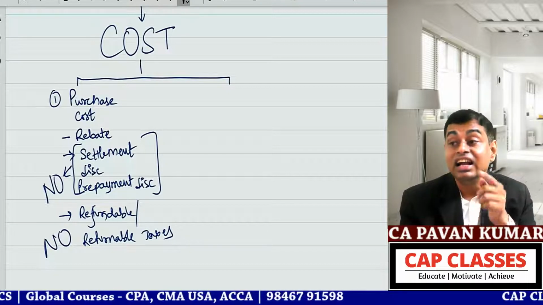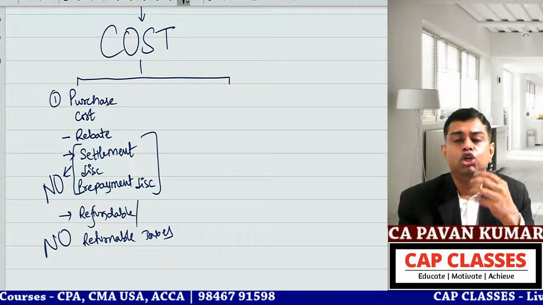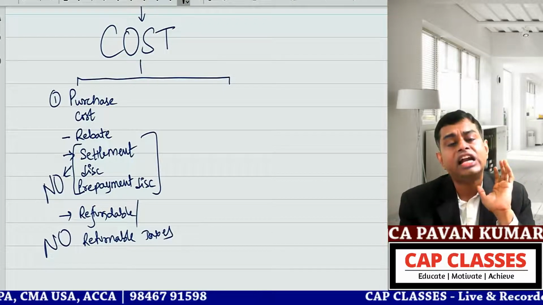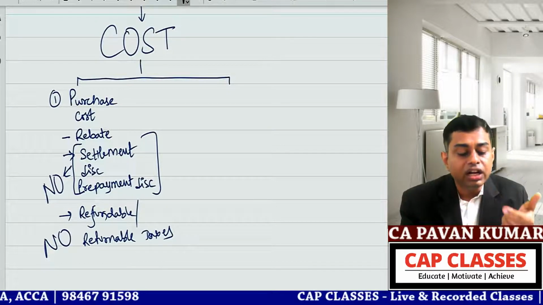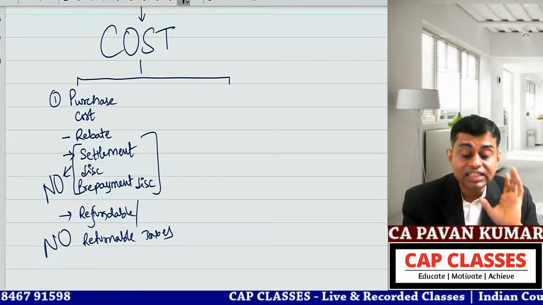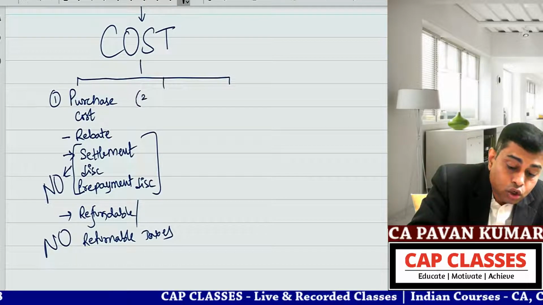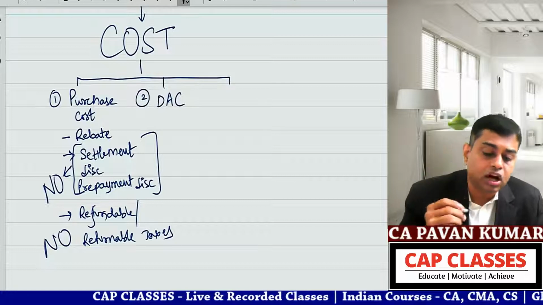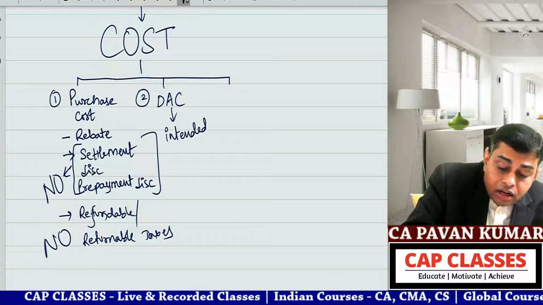So if you have paid any kind of tax, you call it duty, cess, tax, or some other kind of statutory fee, if it is refundable or returnable, don't include that in the cost of the asset. But if it is not returnable, you have to include. This is one, purchase cost. Two, directly attributable cost, DAC, to bring the asset into its intended use.